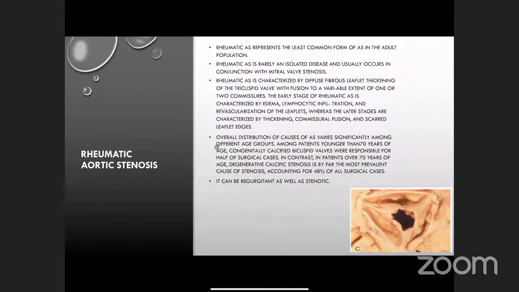So rheumatic aortic stenosis represents the least common form of AS in the adult population. Rheumatic AS is rarely an isolated disease and usually occurs in conjunction with mitral valve stenosis.